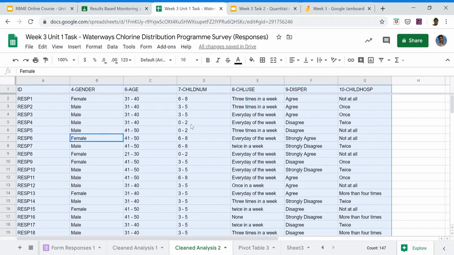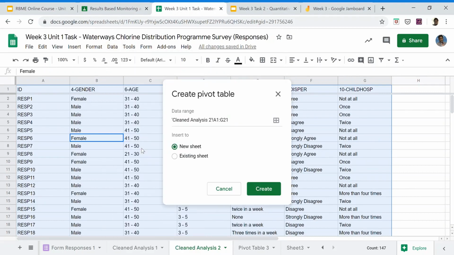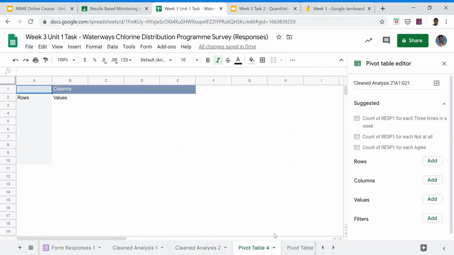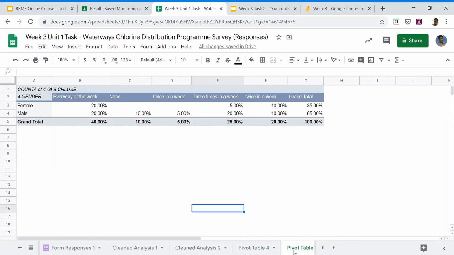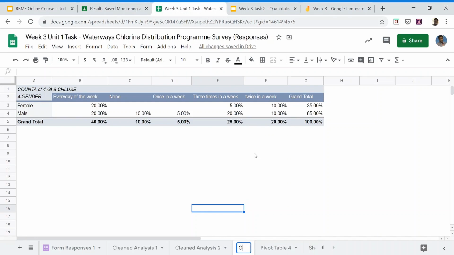Let's just do that. And we need a pivot table again. So let's create another one. So for this, let me rename it so that I know it.